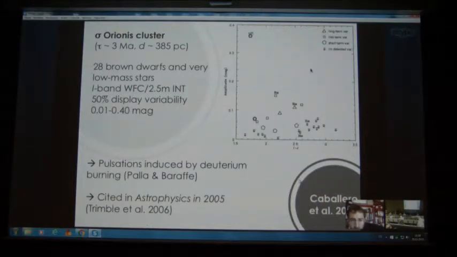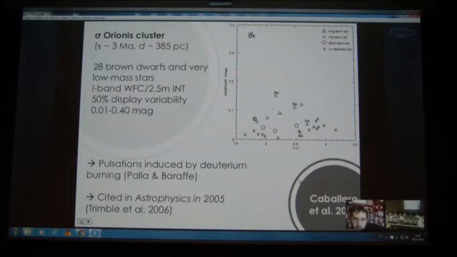Something that we discovered, which was actually expected because it is related to the T-Tauri phase of low mass stars, is that the more active the star, or the larger the flux excess because of the presence of the disk, the larger the amplitude of the variability.